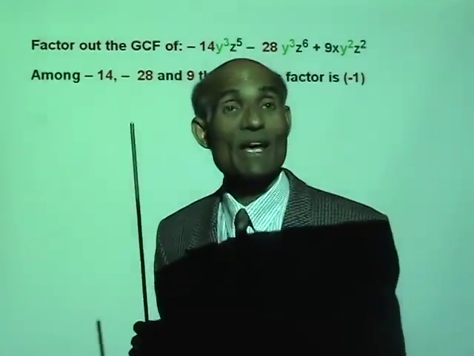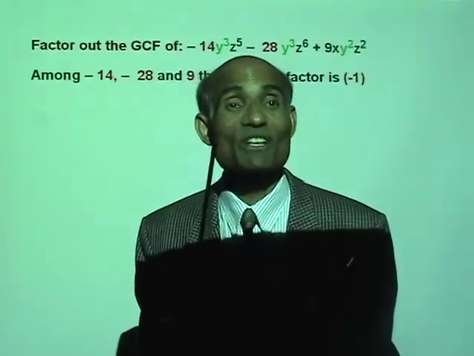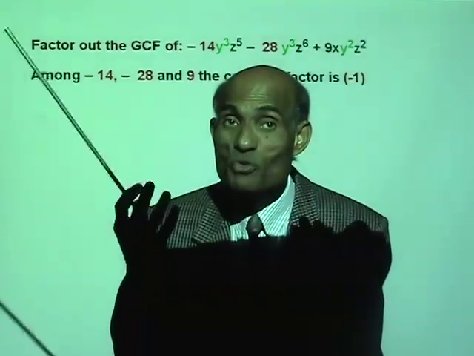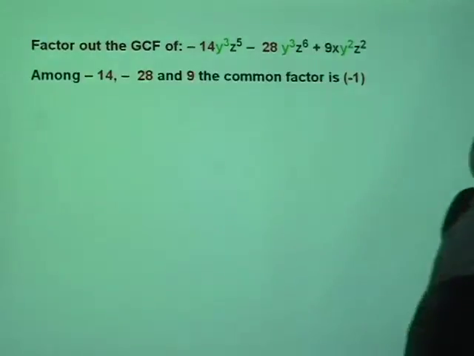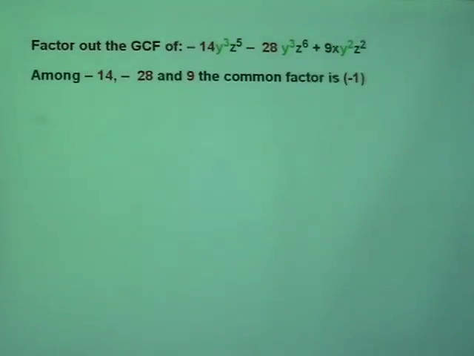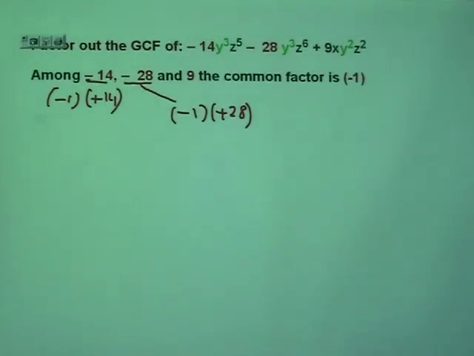Well, you know that a positive number can be written as the product of two negative numbers. Watch me do this. Negative 14 is negative 1 multiplied by positive 14. And negative 28 is negative 1 multiplied by positive 28. And 9 can be written as negative 1 multiplied by negative 9.